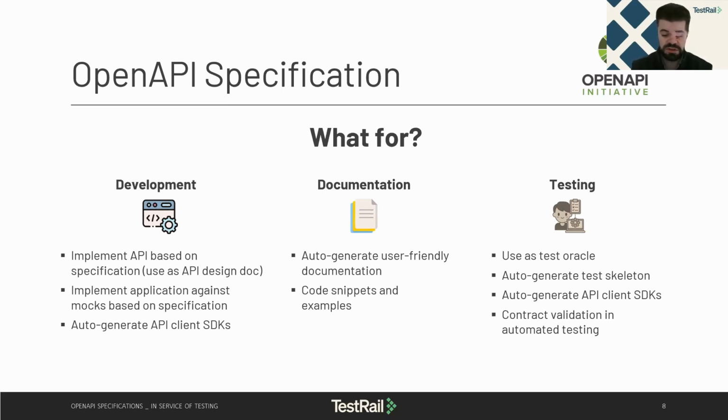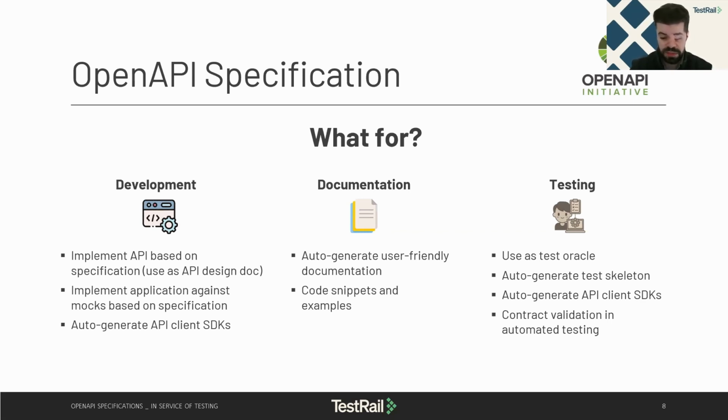So you should definitely look into what's happening. Maybe you have to update the specification, but doing this, you are sure that everyone is on the same page. So if the specification is wrong, then okay, there was a mistake. We make mistakes. But a lot of times, most of times, I would say the error will be on the actual application. Other things you can do, you can auto-generate a test skeleton, for instance.